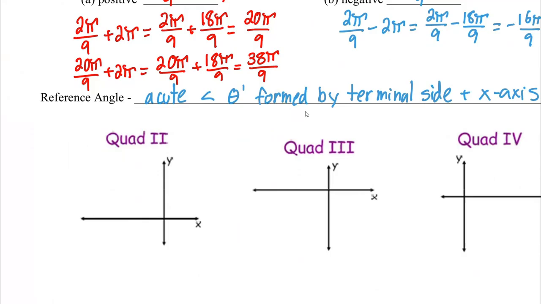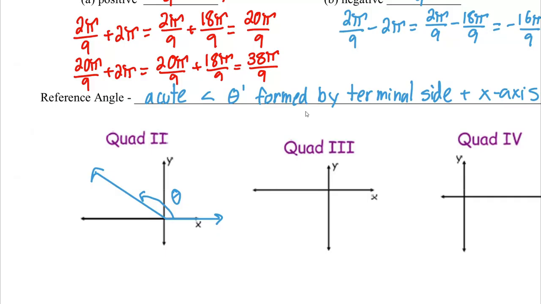So quadrant 2, again, this is our initial side. If our terminal side is somewhere in quadrant 2, anywhere, then that means that our theta is going this direction, right? But our reference angle is the shortest distance between that terminal side and the x-axis.